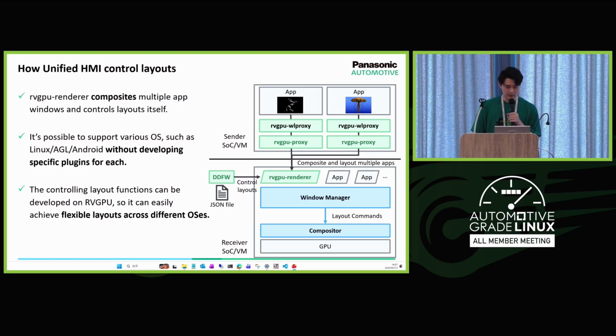So it's possible to support various operating systems without specific plugins for each. As a result, flexible and consistent multi-display layouts can be achieved across heterogeneous systems using a single layout control mechanism.